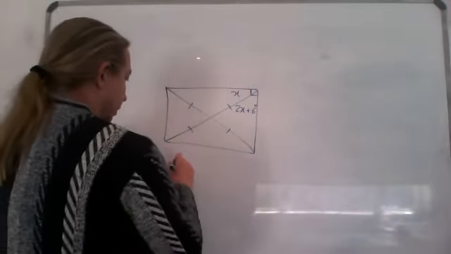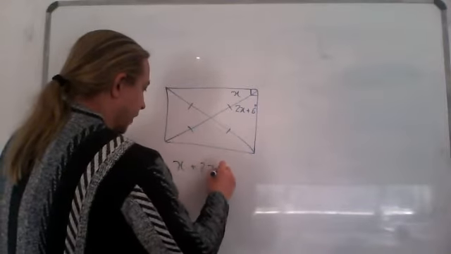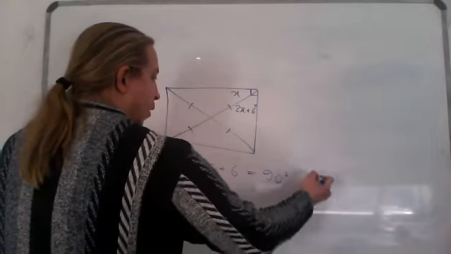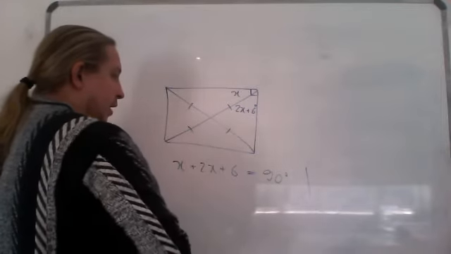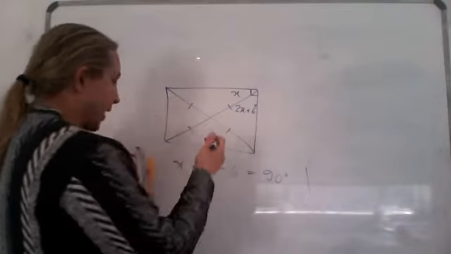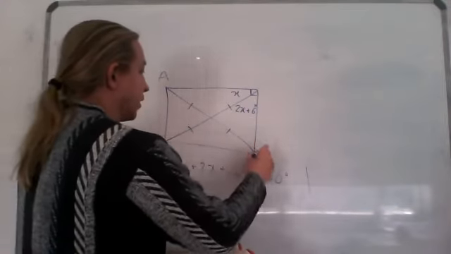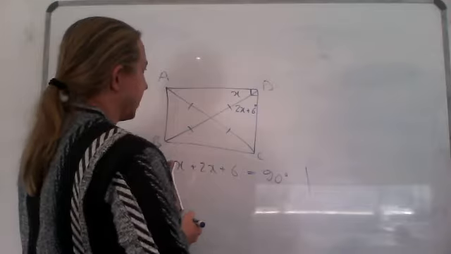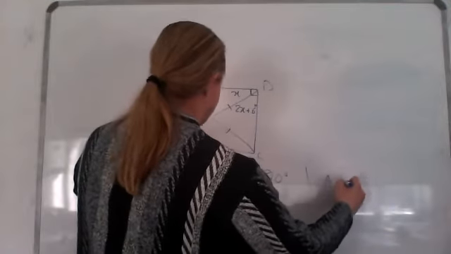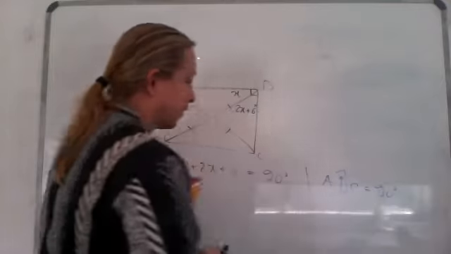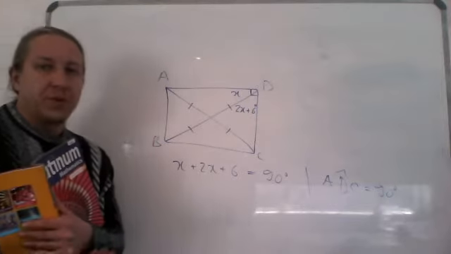So we can say x plus 2x plus 6 equals 90 degrees. What is the reason for this? Well, in A, B, C, D, you can say that angle ADC equals 90 degrees. That's our reason.